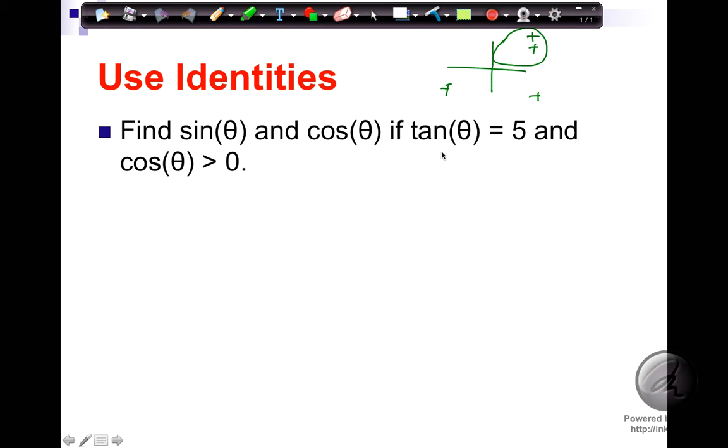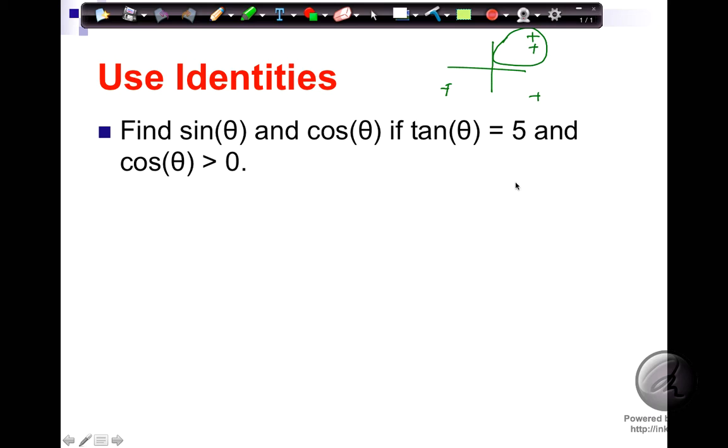All right, so the question is, how in the heck are we going to do this? Not really sure. We need to use our identities that we already know in order to solve for sine and cosine here.